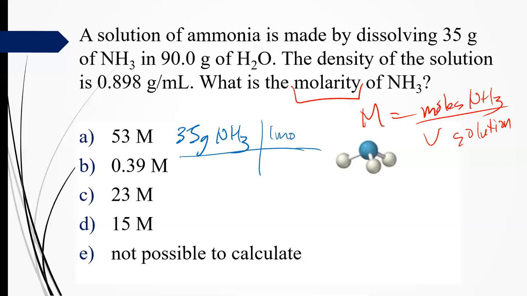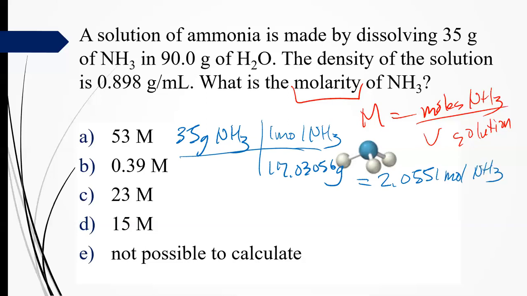So we know 1 mole of NH3 is, from our periodic table, 17.03056 grams. And we end up with 2.0551 moles of NH3. So we got that top part taken care of.